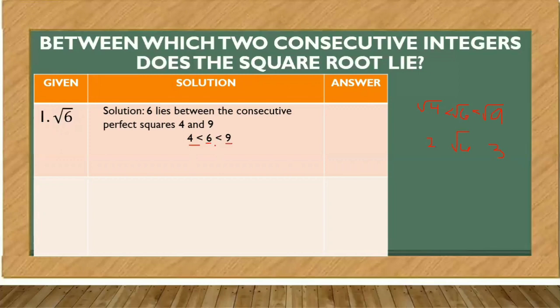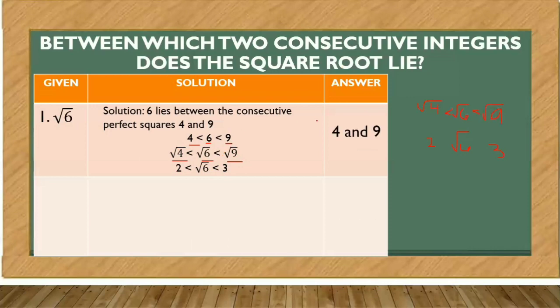Nasa gitna si 6. Kapag ginawa natin yan square root of 4, square root of 6, and square root of 9. Nasa gitna si square root of 6 ni square root of 4 and square root of 9. Kasi si 4 and 9 ay merong perfect square na 2 and 3. So it means, ang magiging sagot mo dyan is 4 and 9.